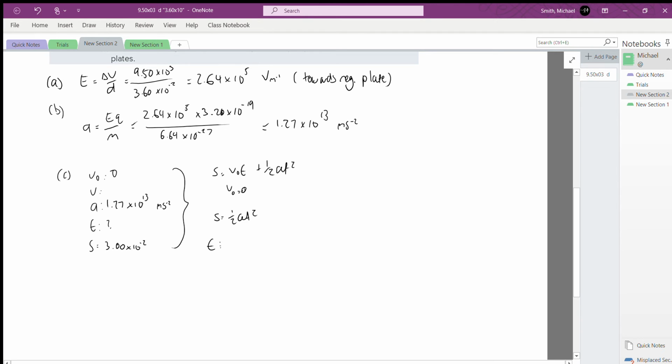So t will become just 2s on a square rooted, so 2 times 3 times 10 to the power of minus 2 divided by our acceleration, 1.27 times 10 to the power of 13, square rooted, which happens to be 6.87 times 10 to the power of minus 8 seconds.